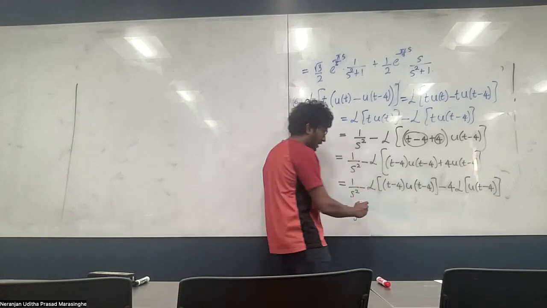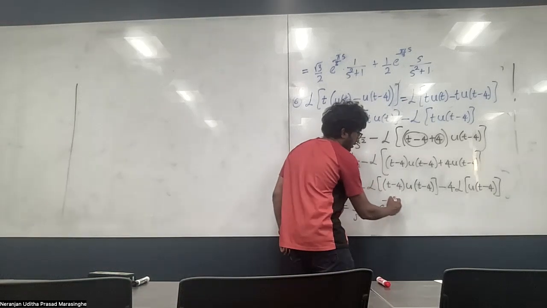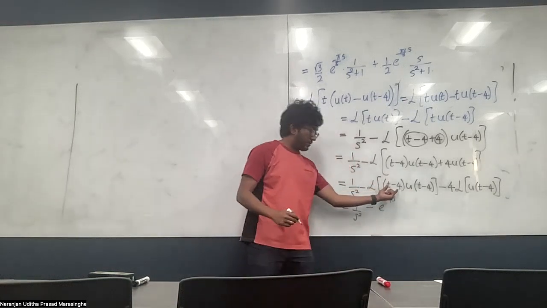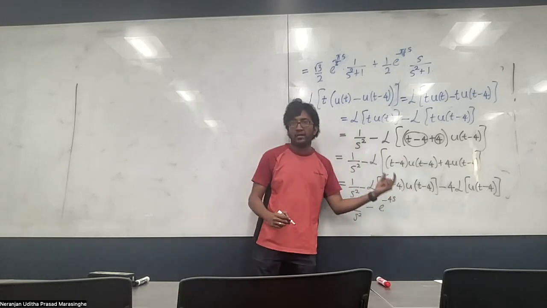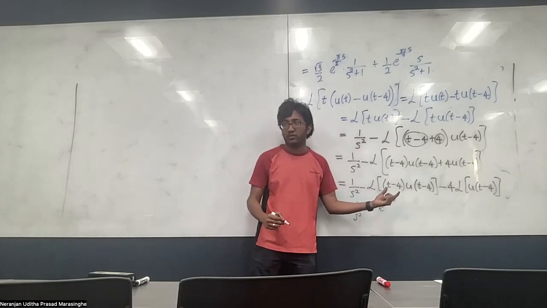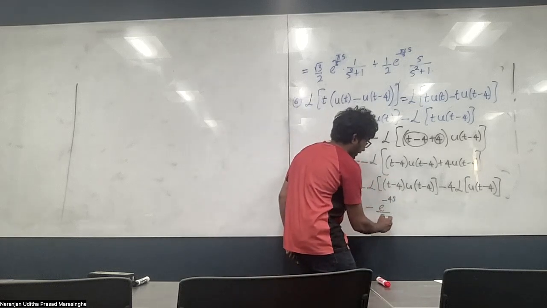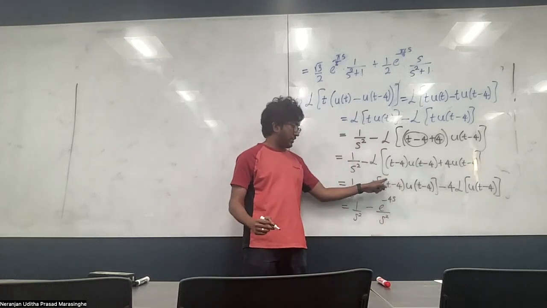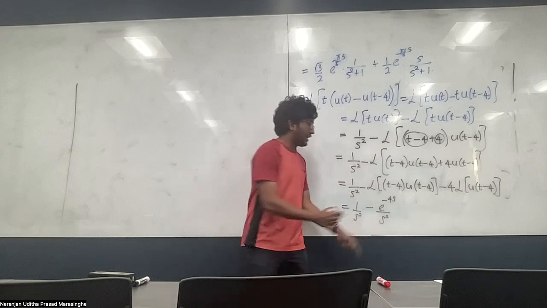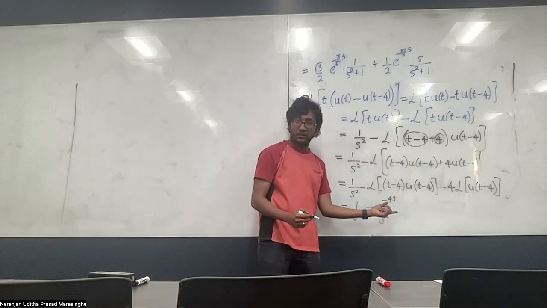So that would be multiplied by e to the minus 4s, because translation in the time domain results in multiplication by an exponential in the Laplace domain, divided by s square. Because my original function was t and the Laplace transform of t is 1 over s square. Since I am translating my function in the time domain, I get this exponential.